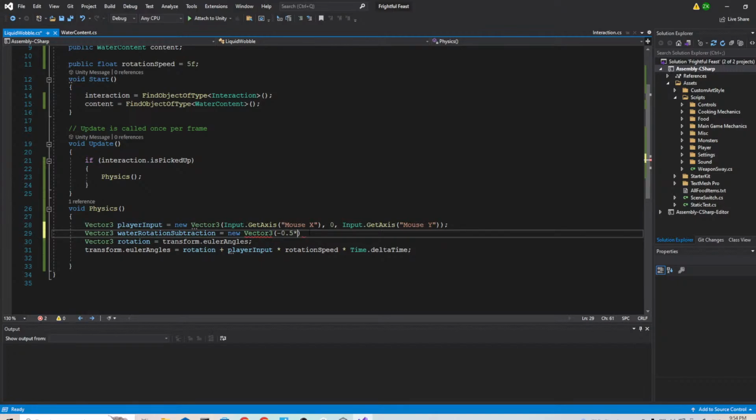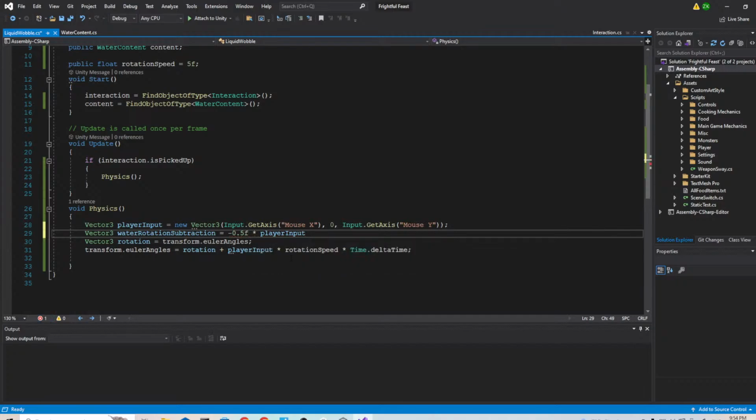0.5 times, okay, player input, negative 0.5 times player input, and wait, can I not do that?